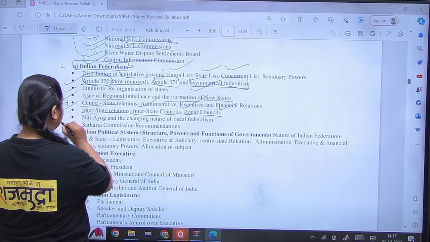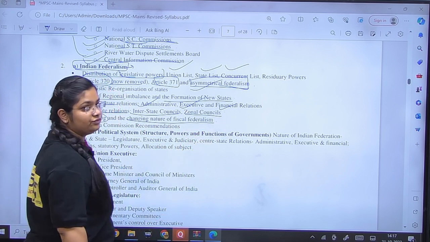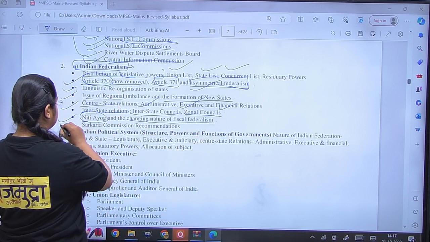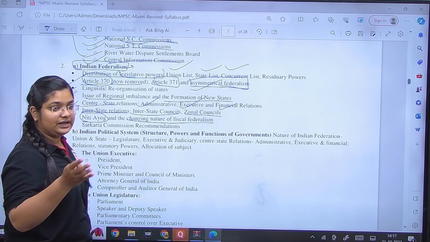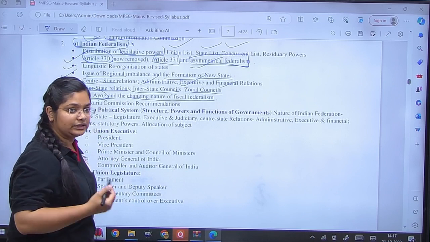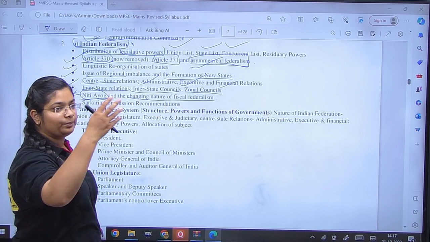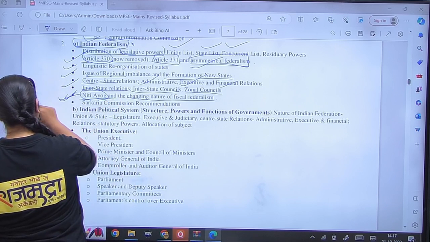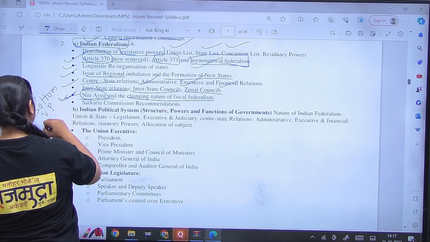Next is Niti Aayog and the changing nature of fiscal federalism. How fiscal federalism and monetary policies are changing between the state and the center. What Niti Aayog has done. The agenda of Niti Aayog was a bottom up approach.